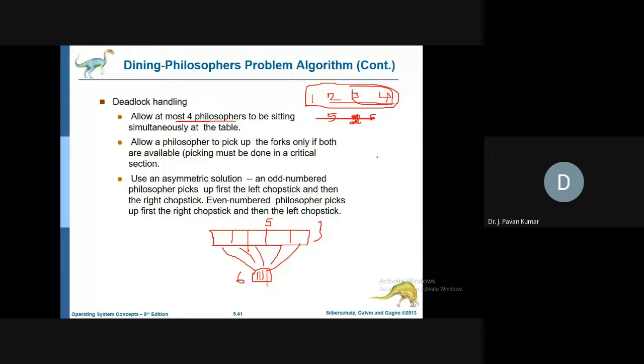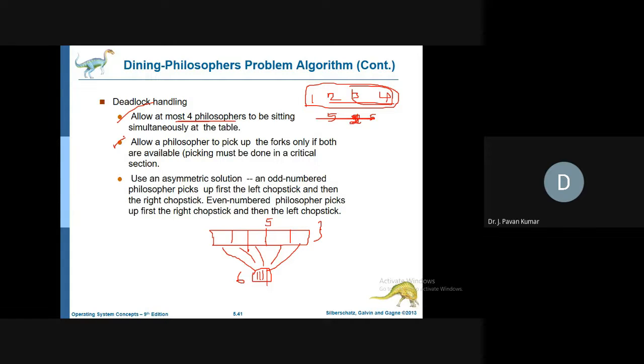Yeah, if you remember this, then it will be simple for you. This was there in discrete structures. You might have learned it in previous semesters. So based upon that, we can have one deadlock handling technique. Another one is that only when both are available, a philosopher is allowed to pick the forks or chopsticks. Whenever both chopsticks are available to take, only then he will take.